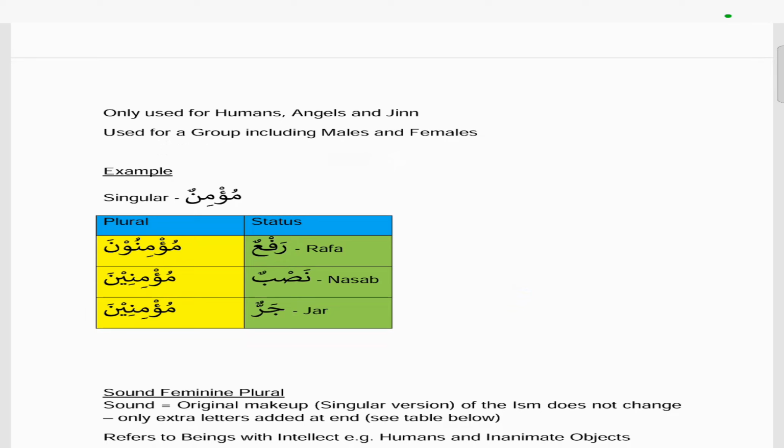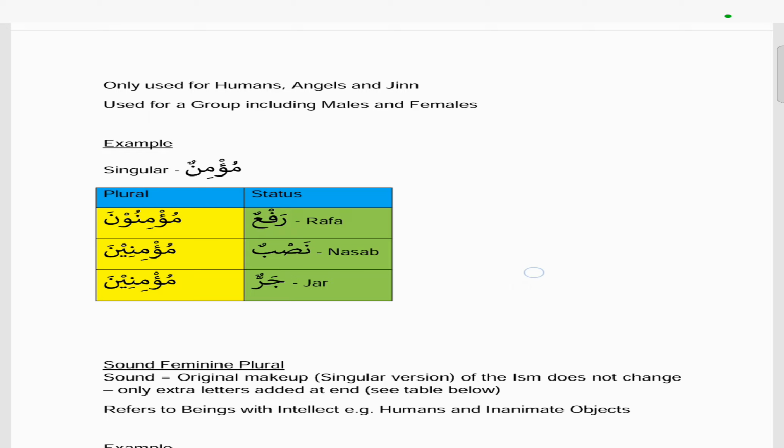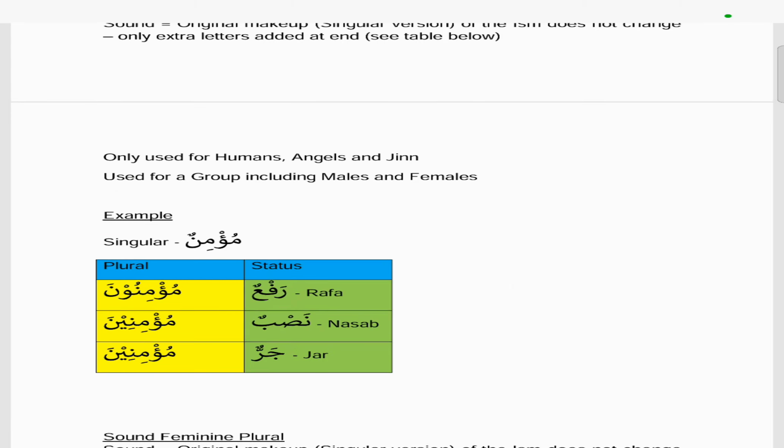And the Nasab is Mu'minina, so the ya and the noon have been added at the end. And Mu'minina again for the Jar. So when we just add letters to the original singular version, that's called the sound plural. Whereas, as we will mention after, a broken plural is when the original singular version completely changes to form the plural. We'll show some examples after.